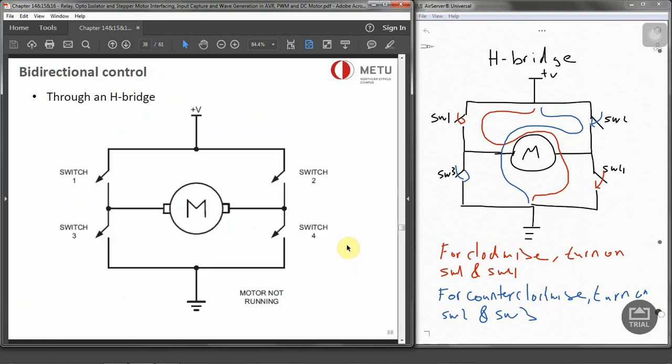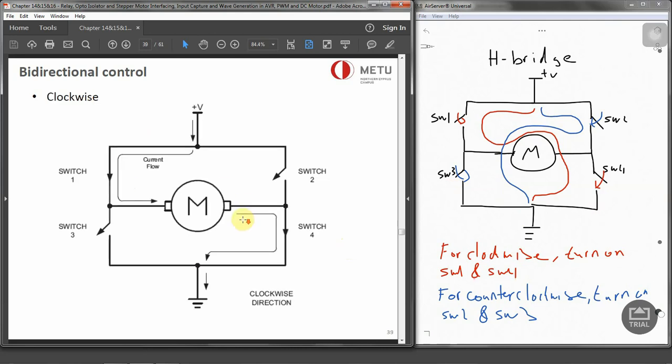And as we already said, for bidirectional control, we can use the H-bridge, as I already described on the board over here. So if you want to turn it on clockwise, we have to turn on switch 1 and switch 4, so the current can flow in that direction for the clockwise version.